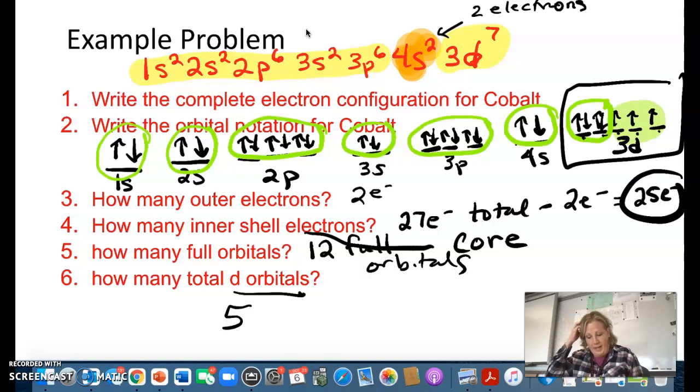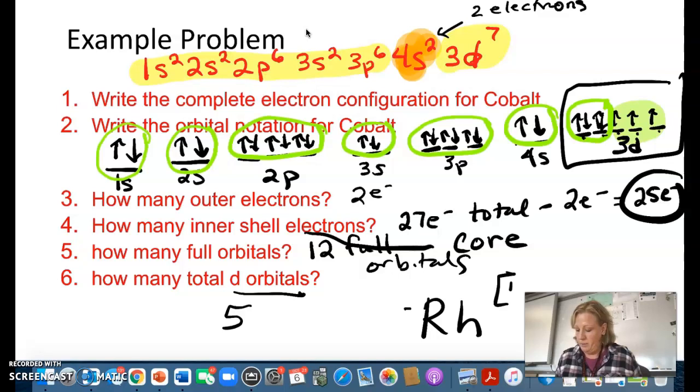So if it had been a bigger element, like let's say the element underneath it, rhodium, I'll do the noble gas for Rh. It would equal krypton, and then 5s2, 4d7, 1, 2, 3, 4, 5, 6, 7, 47.